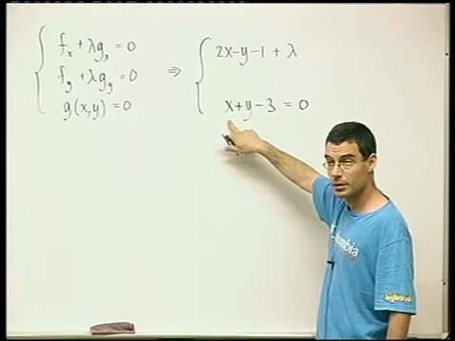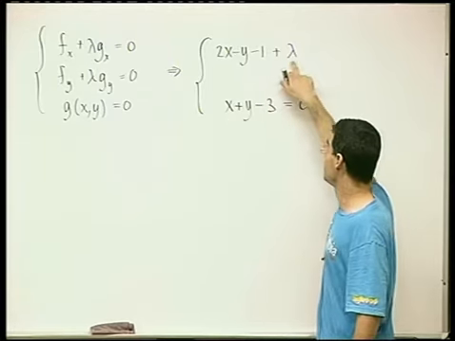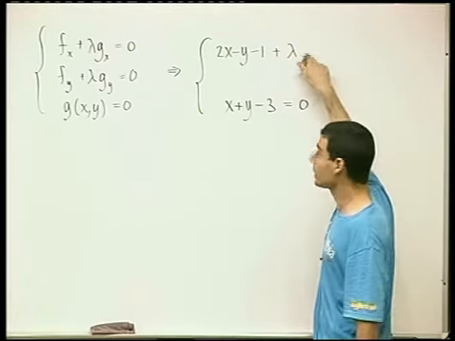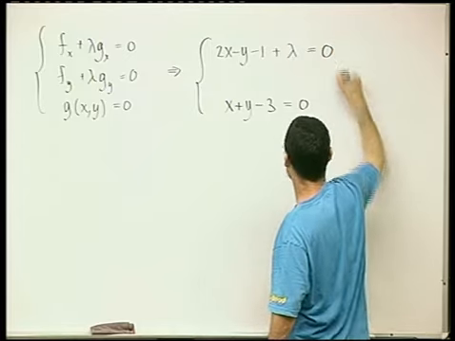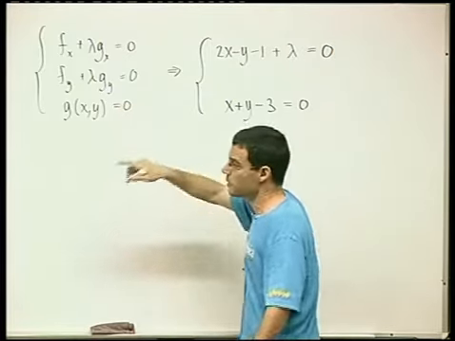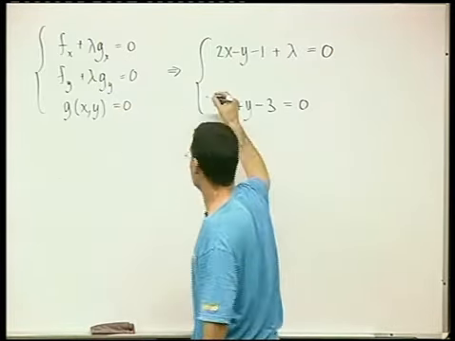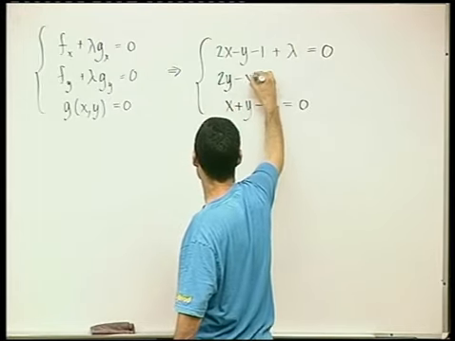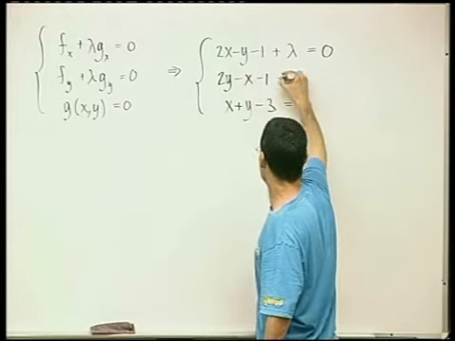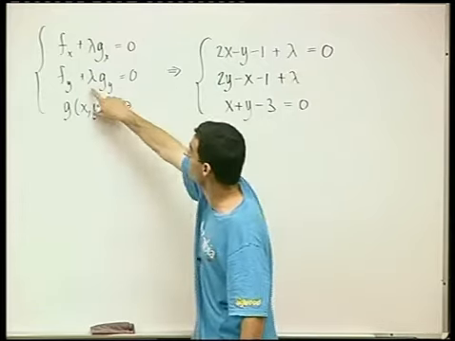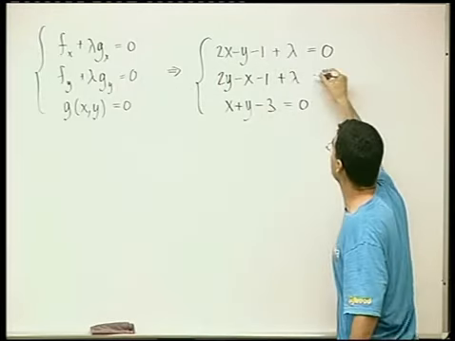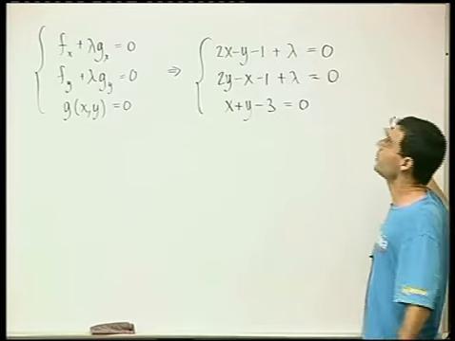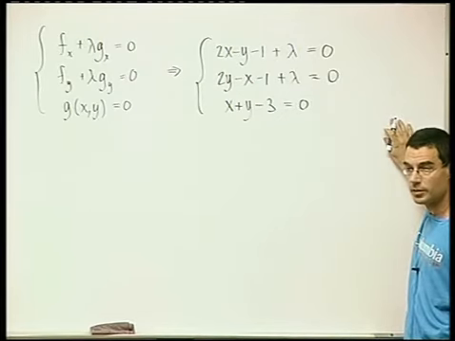It's just 1, so it's just plus lambda times 1. So this has to be equal to 0. The derivative of f with respect to y we calculated previously was 2y minus x minus 1 plus lambda times the derivative of g with respect to y, which is 1 again. So this is the system of equations that we have to solve.